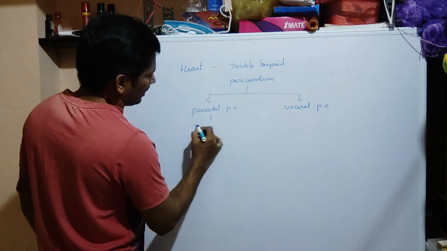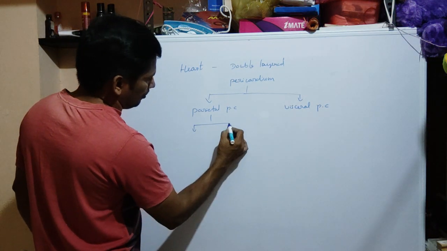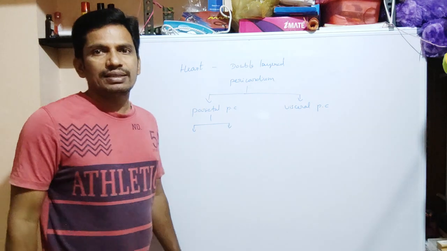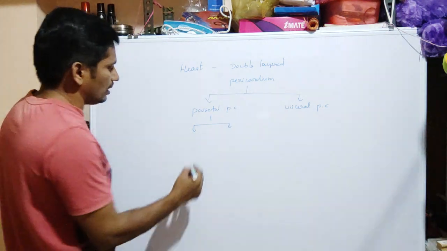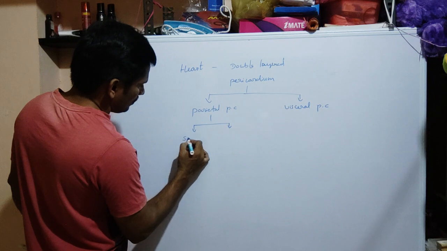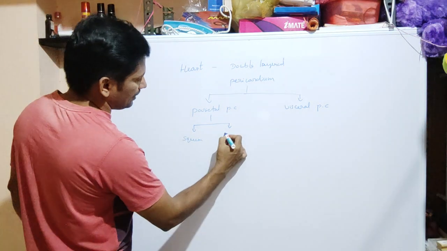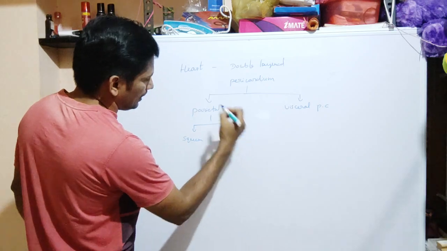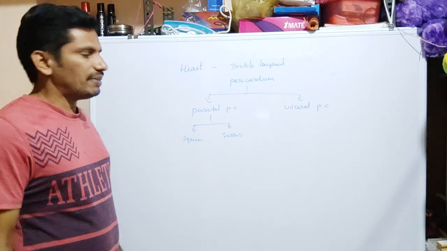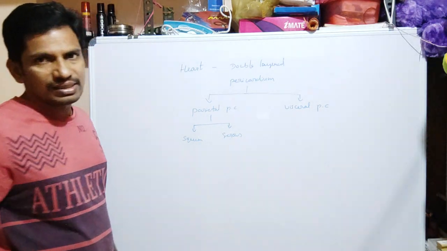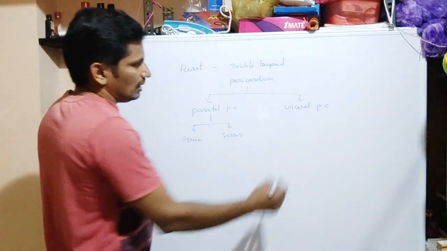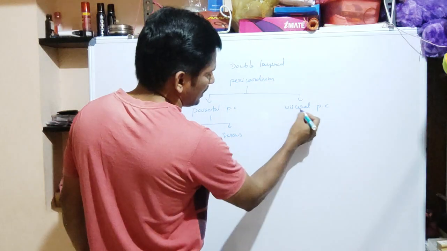Again, the parietal pericardium can be divided into two thin layers, the serous membrane and the squamous epithelium membrane. The visceral membrane is the last layer.